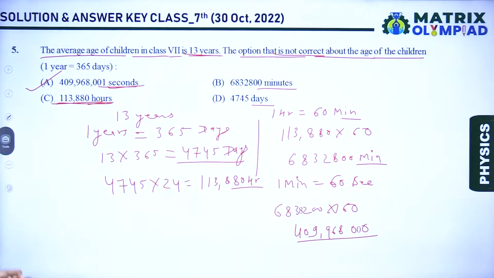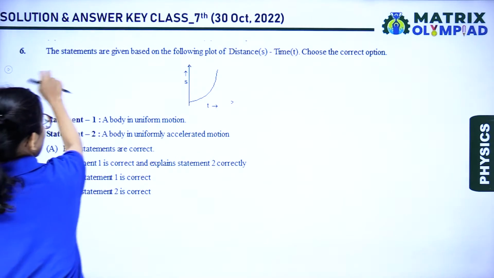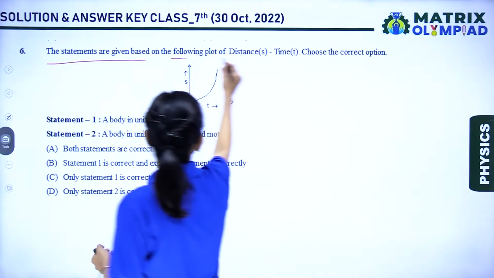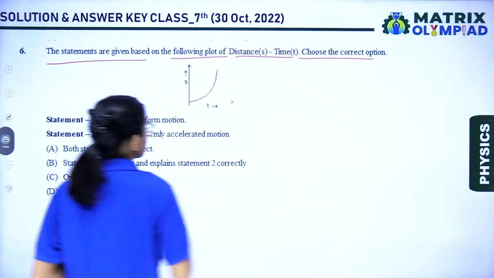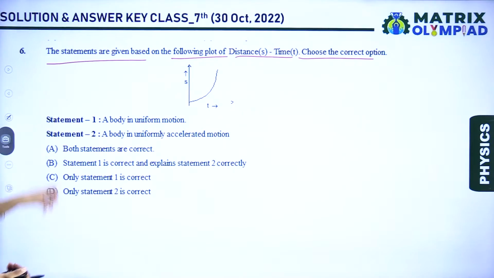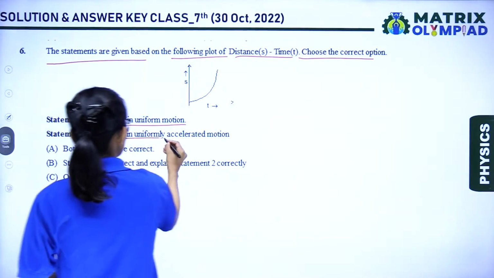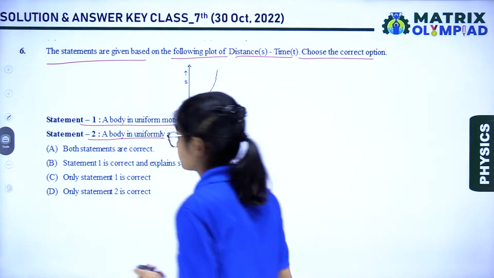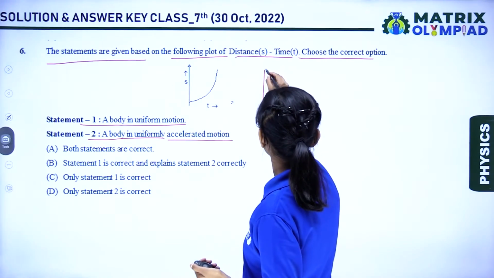Now come to question number 6. The statements are given on the following plot of distance-time. Choose the correct option. Okay. There is a graph given between distance and time, and we have to tell which of the two statements given about that graph is correct. First, a body in uniform motion, and then a body in uniformly accelerated motion. See, here the graph is given like this.